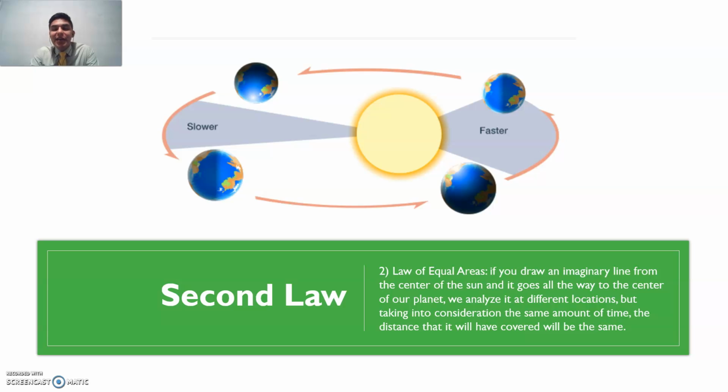And of course, going back to the second law, if we analyze, let's say, 5 days in the rotation of Earth, no matter at which point we start counting and at what point we end, Earth is going to cover the same amount of space, even though it is farther away from the sun or closer to it as well.